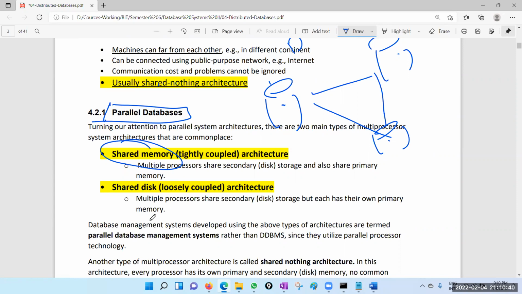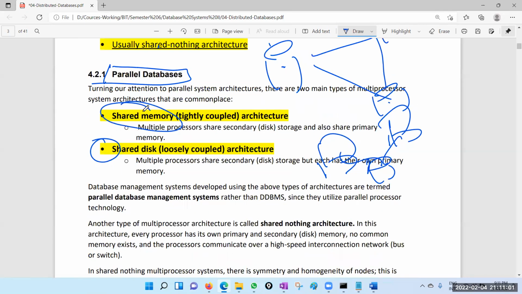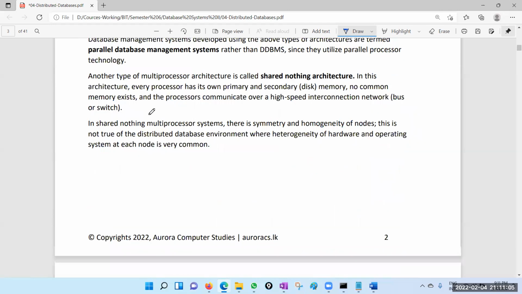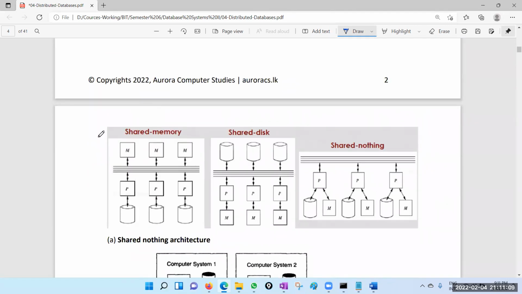Or it can share the disk: two machines with a common disk. Then we again call it a parallel database, shared disk. But our concern is not parallel databases. Our concern is distributed databases. Shared nothing.